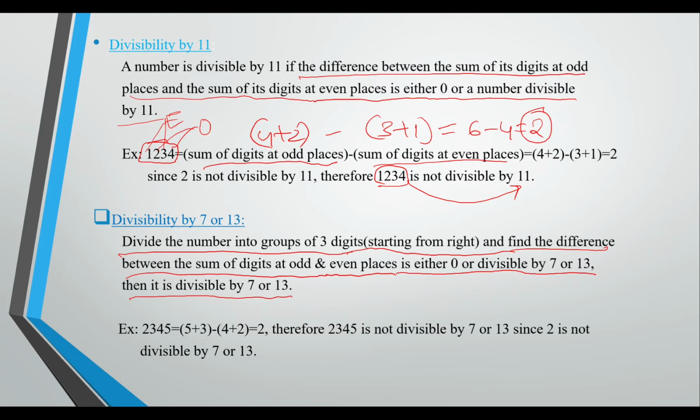For example, in the number 2345, when we start placing the digits, we will get that 5 and 3 will be the odd places and 2 and 4 will be in the even places. That is 5 plus 3 minus 4 plus 2, that is equal to 8 minus 6, which is equal to 2. 2 is not divisible by 7 or 13. So therefore 2345 is not divisible by 7 or 13.